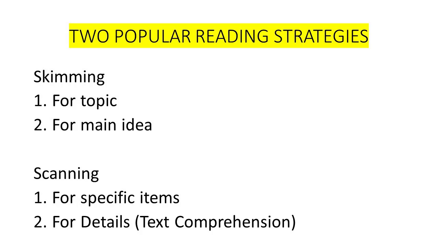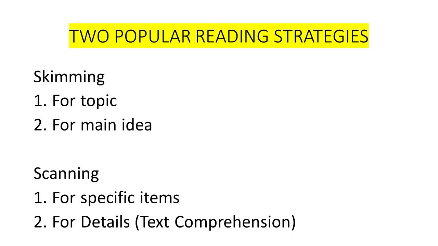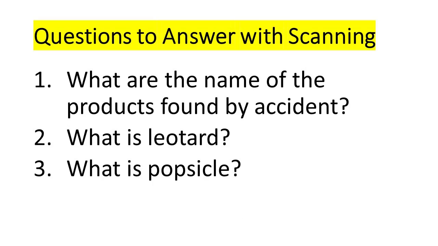Here are also examples of questions. What are the names of the products found by accident? If you are asked to find the name, then of course this is related to number 1, so you should use the scanning strategy to look for a specific item. What is the specific item here? That is the name of the products. And we have: what is leotard, what is popsicle.